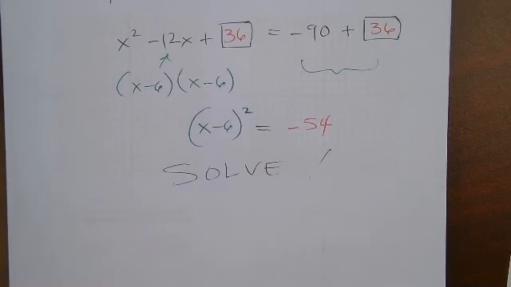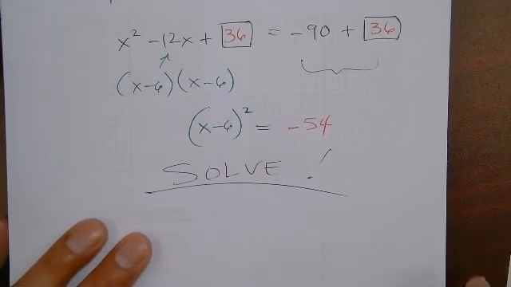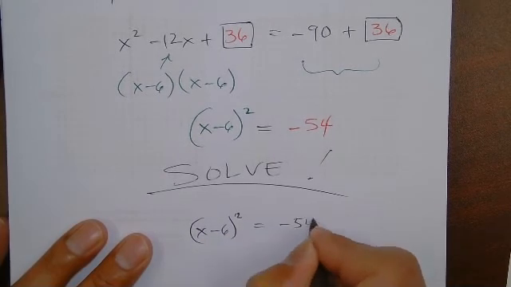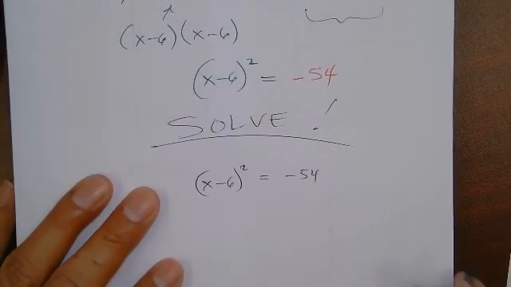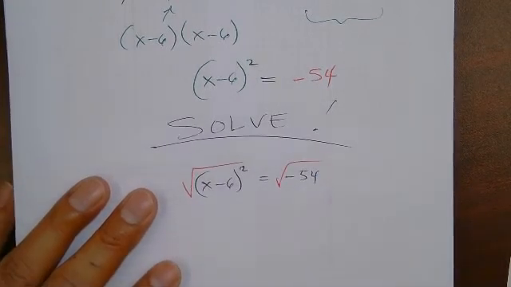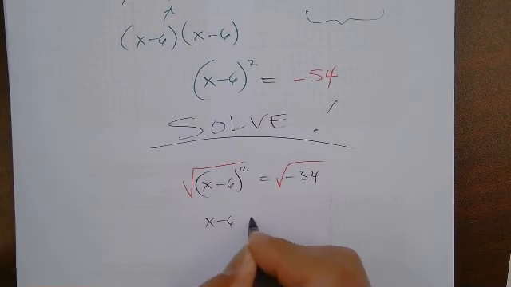Oh, negative. Okay, we got to solve this now. How do we solve that? Well, here we go. X minus 6 squared equals negative 54.